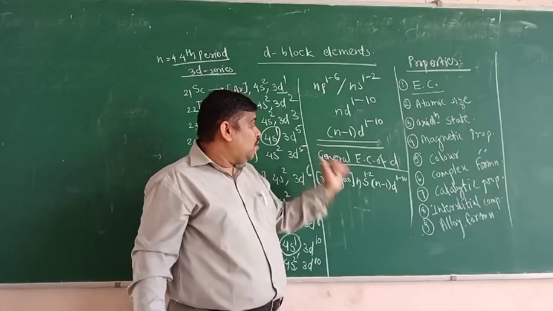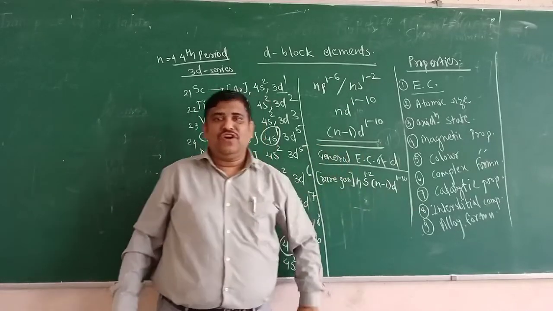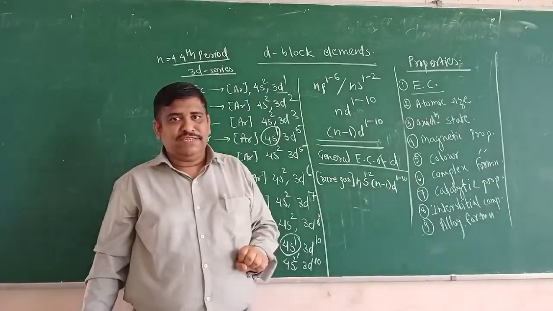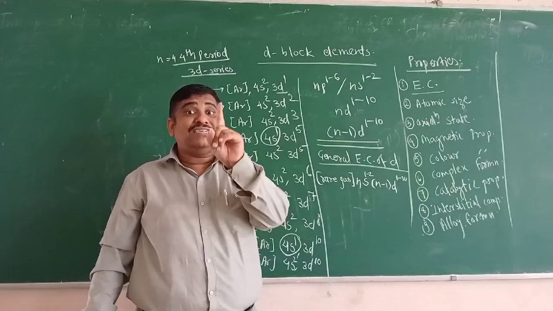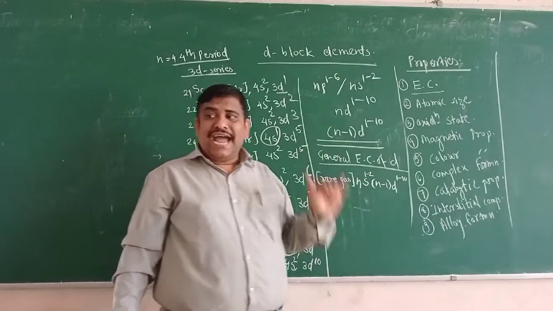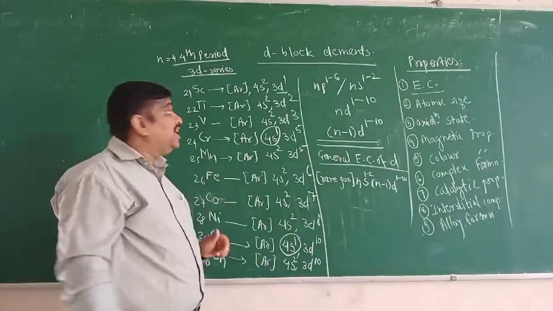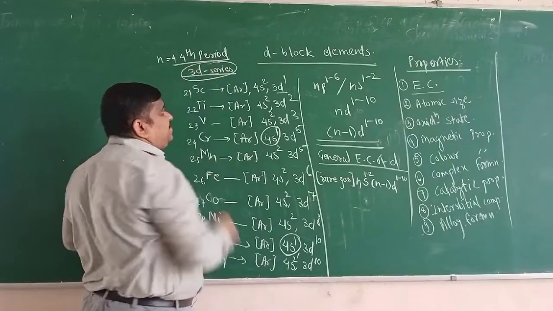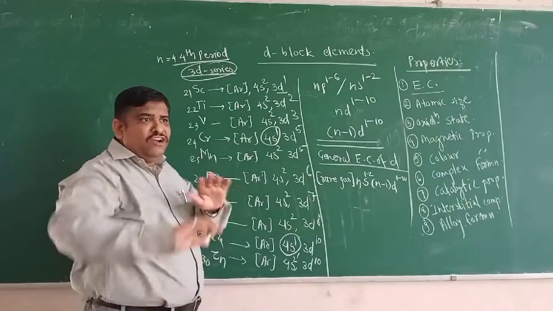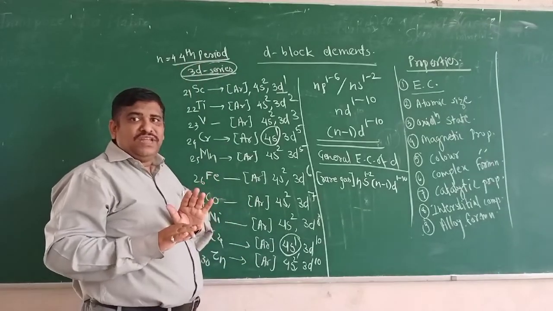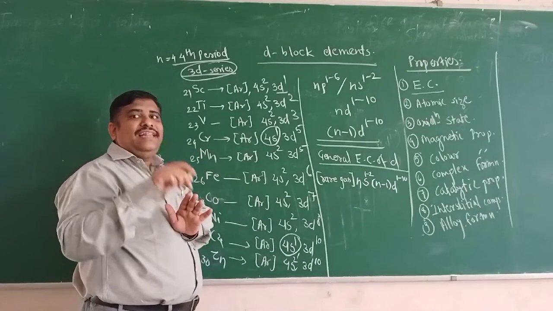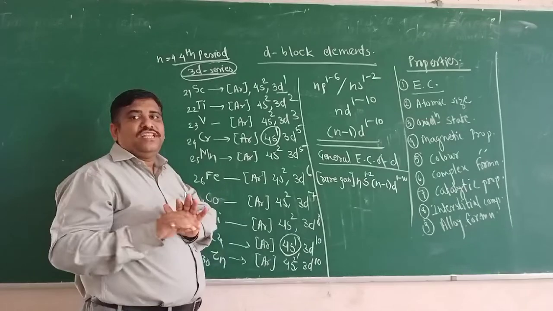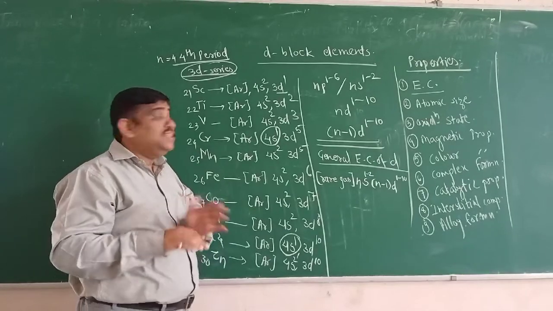Many times they have asked for 1 mark: write the general electronic configuration for the d block elements. I think 4 years back they asked the 1 mark question: write the electronic configuration for the 3d series elements.